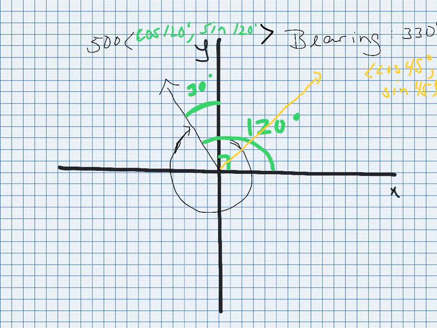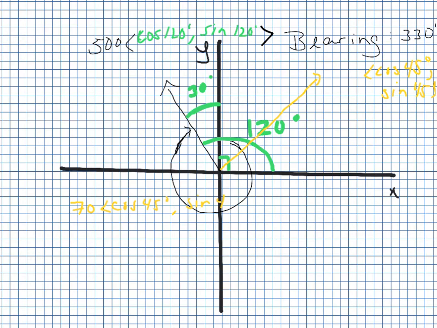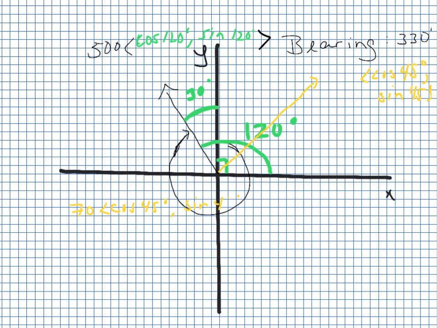So my wind is at 70 times cosine of 45, sine of 45 degrees. Now, it asks me, what is the resultant speed and direction of the airplane?